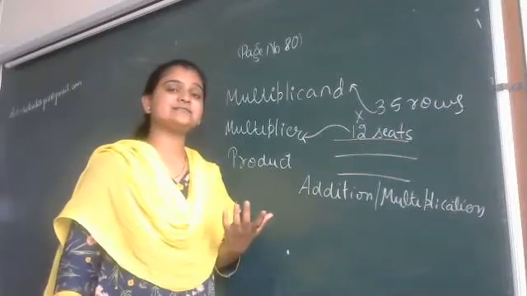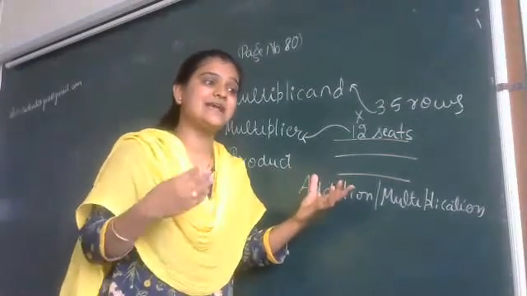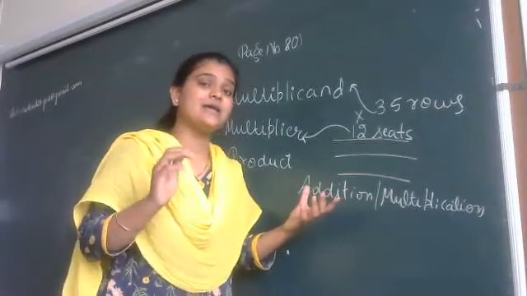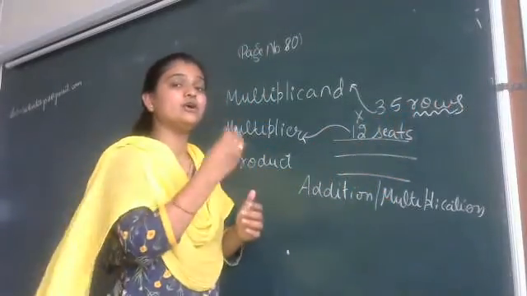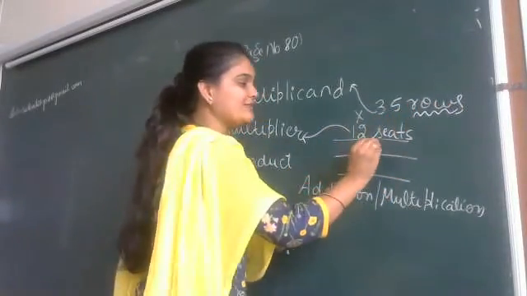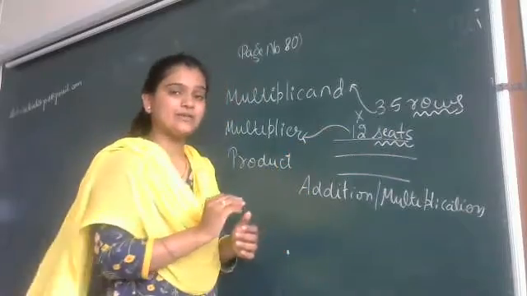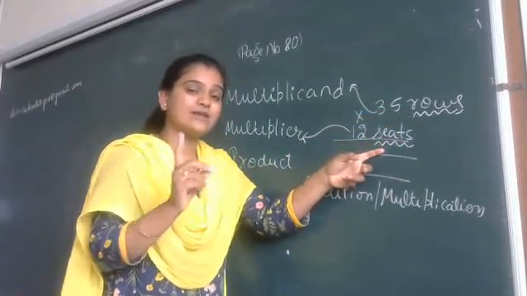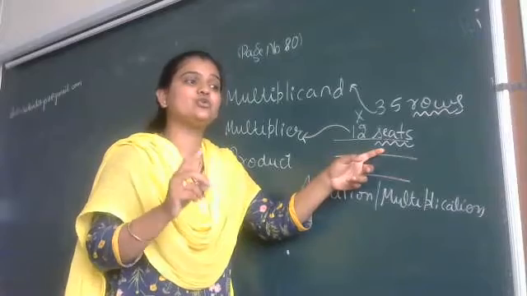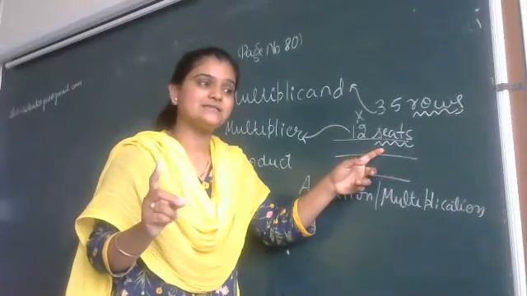And how to understand whether the given problem is for addition or for multiplication? Two different terms will be given. 35 rows, 12 seats. Now here we have rows and here we have seats. So we are not going to add, we are going to multiply. Is it clear?